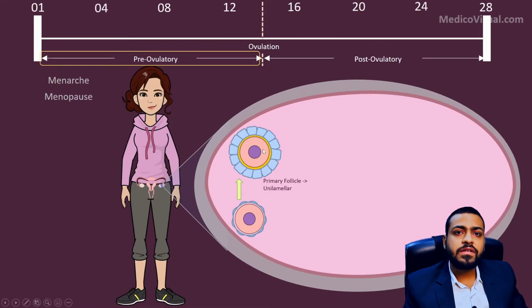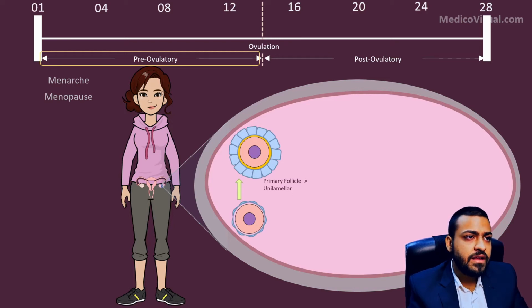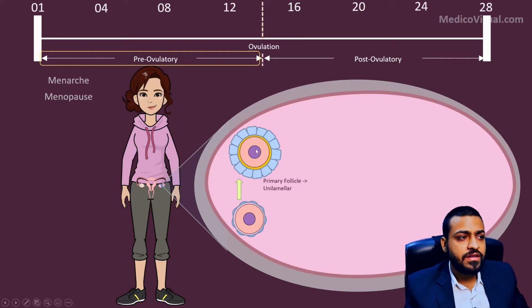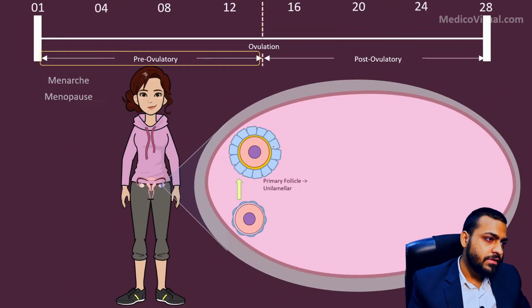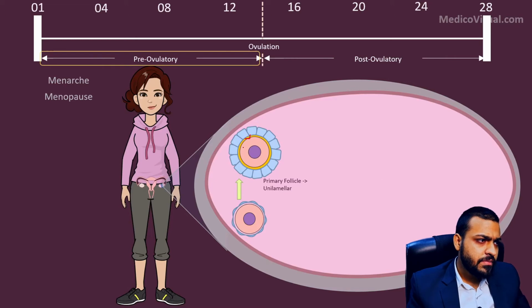This glycoprotein layer is called the zona pellucida. Pellucida means transparent or translucent, and zona means layer, so it is a kind of translucent layer, and that is why it is called zona pellucida. It harbors species-specific sperm receptors. Clear up till now?